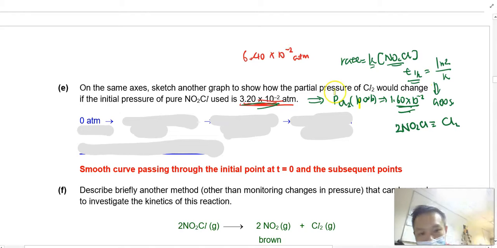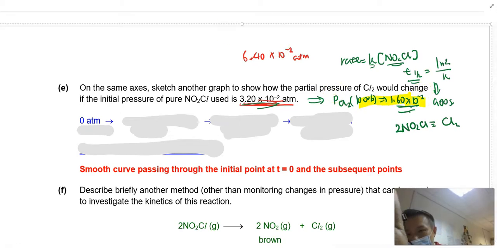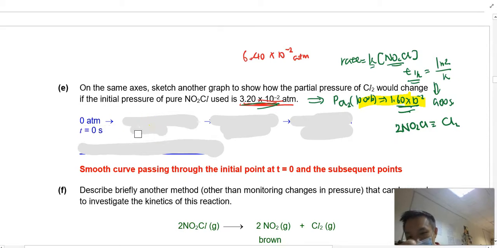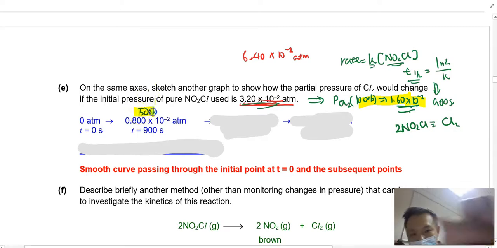So now the 100% is 1.6 times 10 to the power minus 2. At the first t half, 50%, right? So again, remember 100% is now 1.60 times 10 to the power minus 2. 50% will be 0.8 times 10 to the power minus 2.